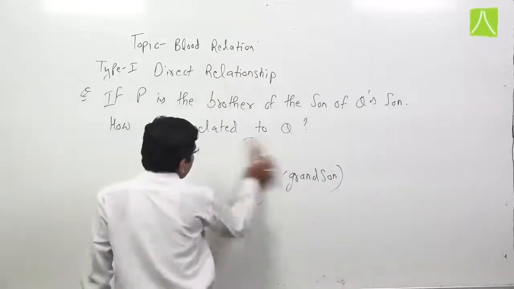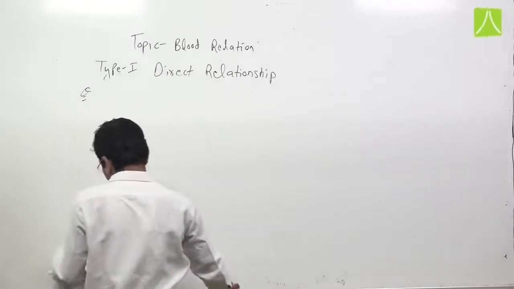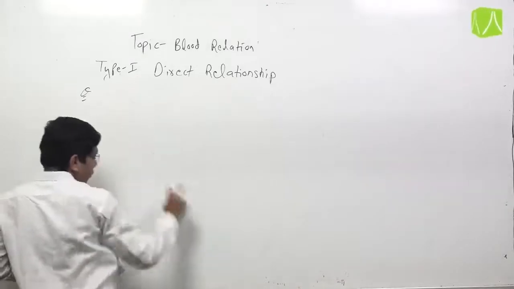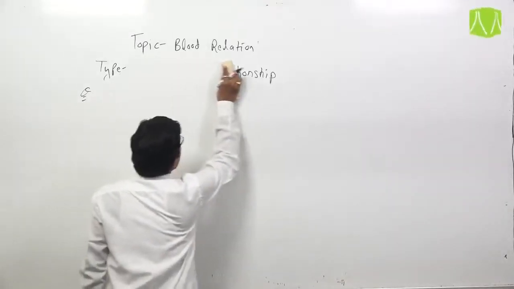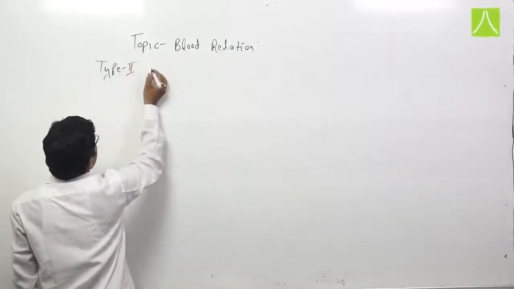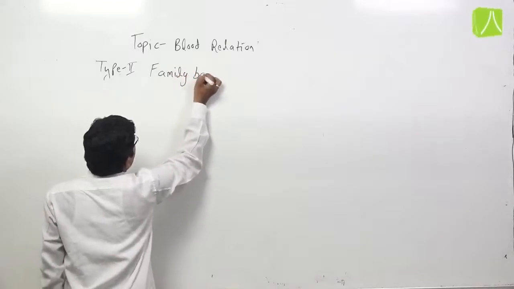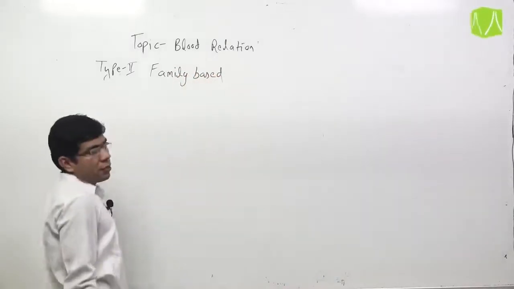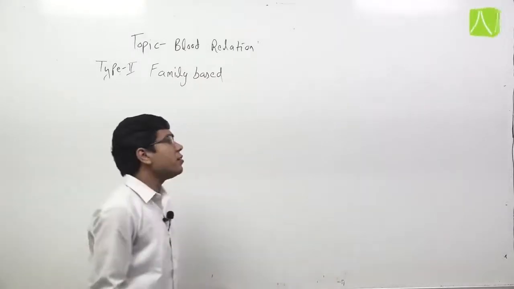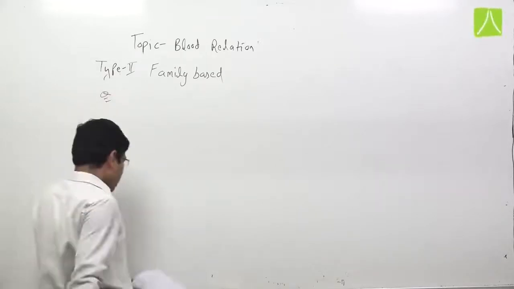Now take next example, which is based on our type number 2. It is family based. In this type, there are some persons, and between them relations are defined according to the question.